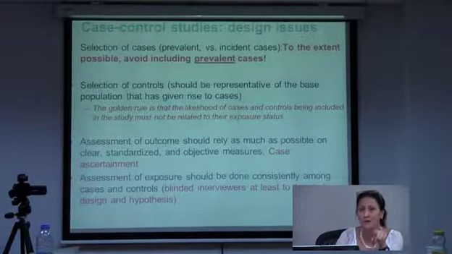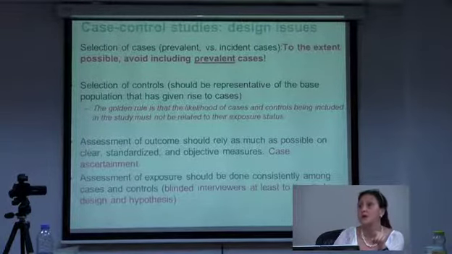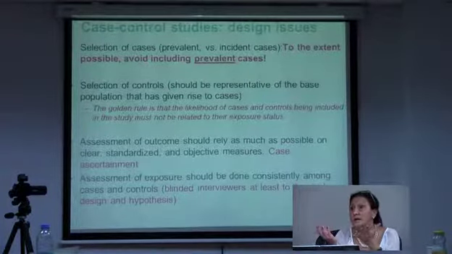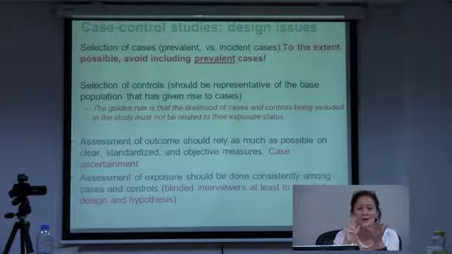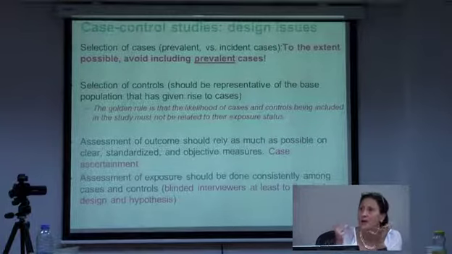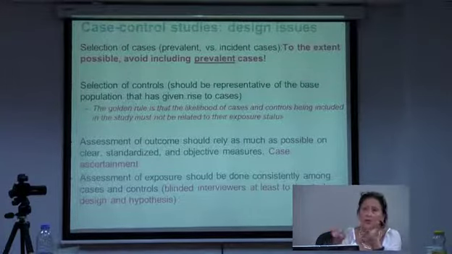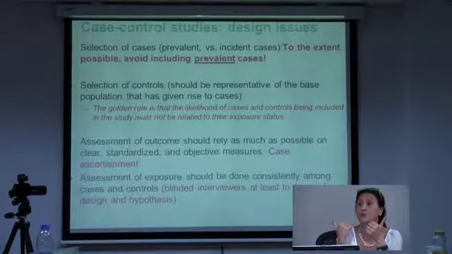Let me give you the last example. If you're taking people who have renal cancer and you want to look at urinary tract infection, and you take controls from the general population, the way you can ascertain urinary tract infection for somebody who has urinary cancer is through medical records, like if they ever had a urine analysis, etc. But if you go to the general population, how would you ascertain whether they ever had urinary tract infection, which is an exposure?